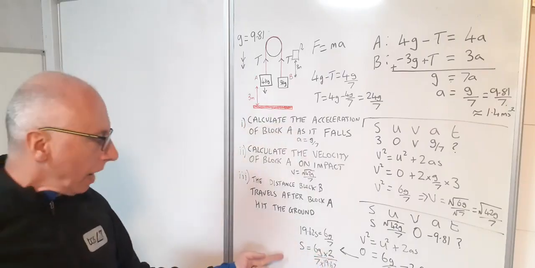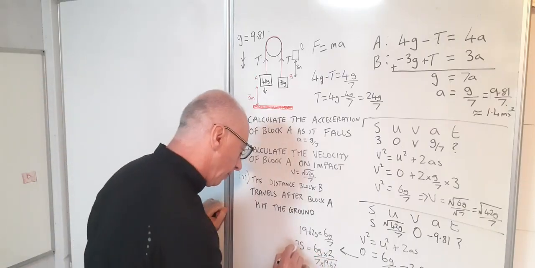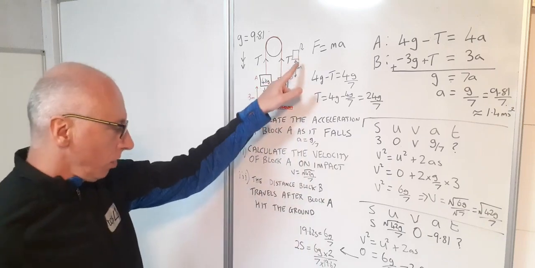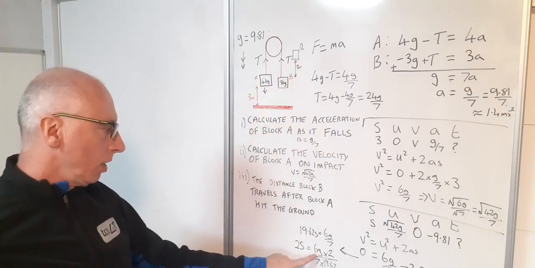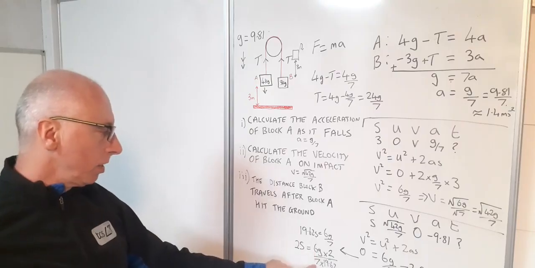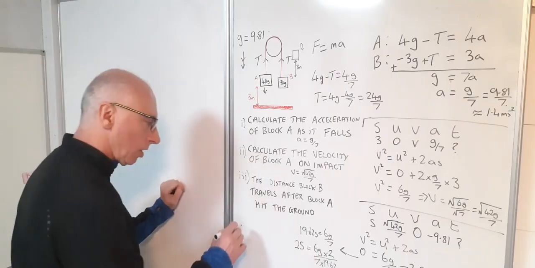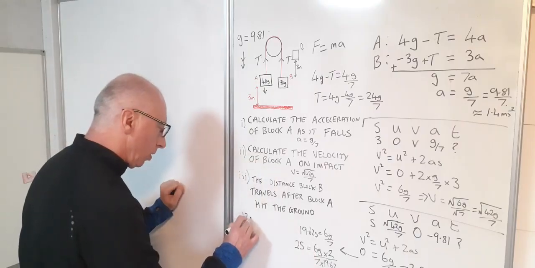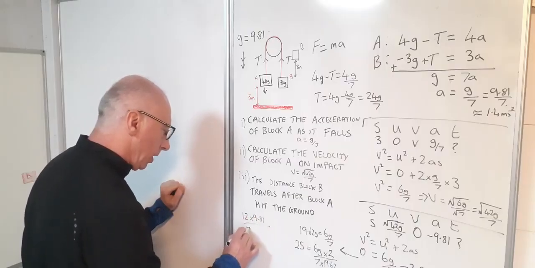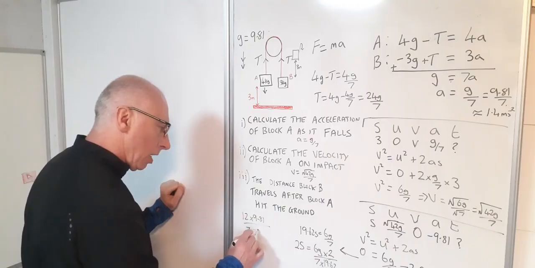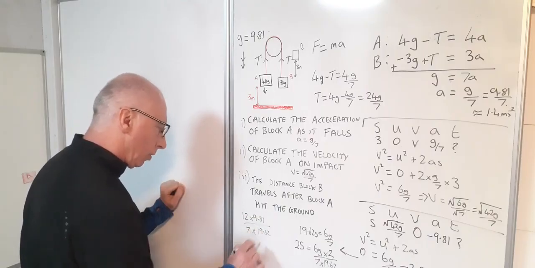So now coming out of this to find 2s, that will be my distance travelled up and down, which will be the total distance. So 12g divided by 7 times 19.62. So let's work that out. 12 times 9.81 divided by 7 times 19.62.